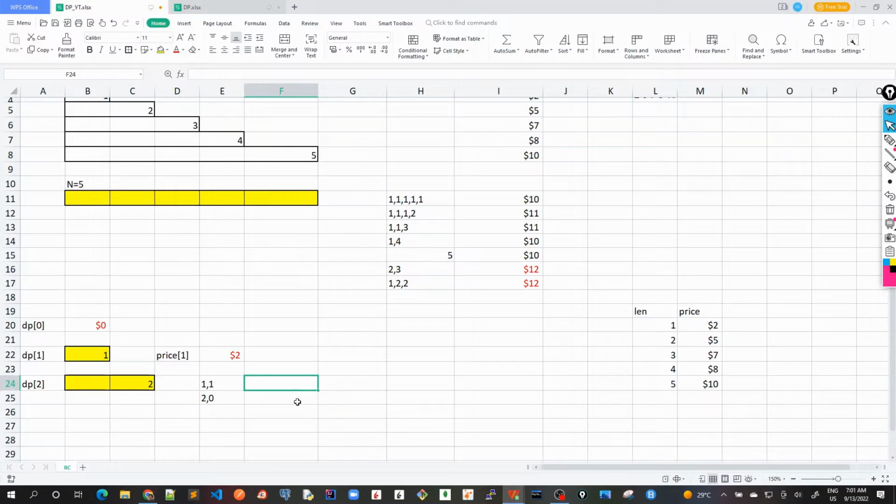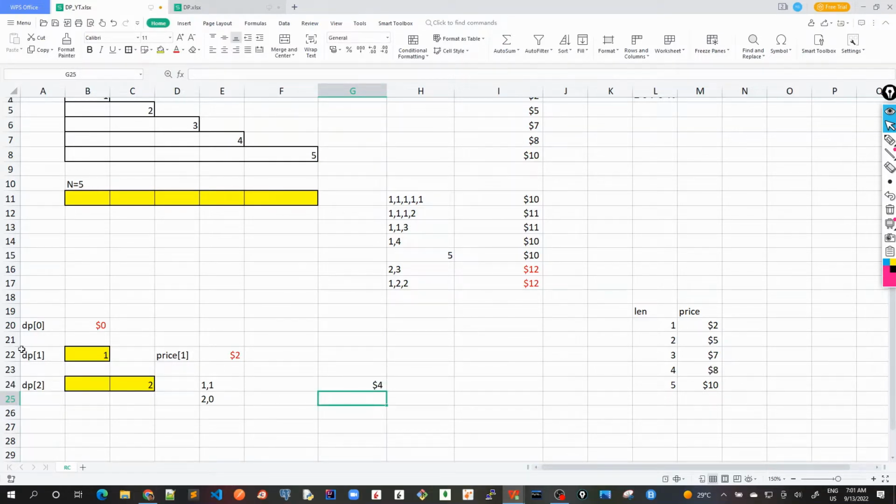Because we are using the dynamic programming approach, let's check the price. 1 1 would be 2 plus 2, $4. And just taking the whole 2 units together, it would be $5. We find that this is giving me more profit. We have to check out of all the combinations what is the maximum profit available.